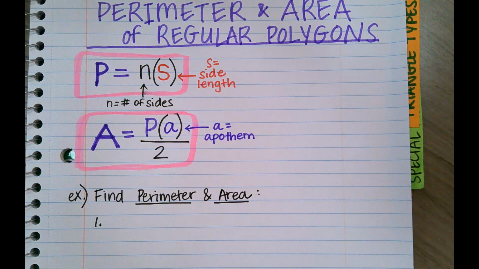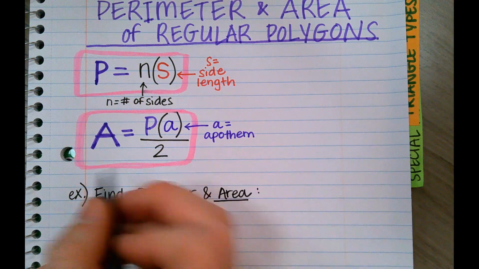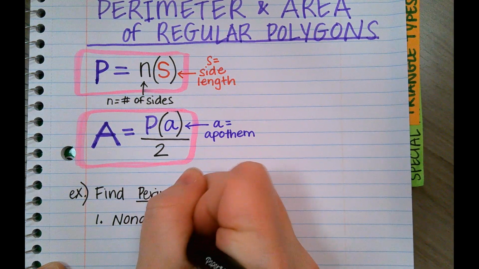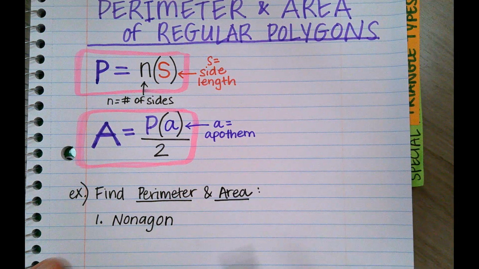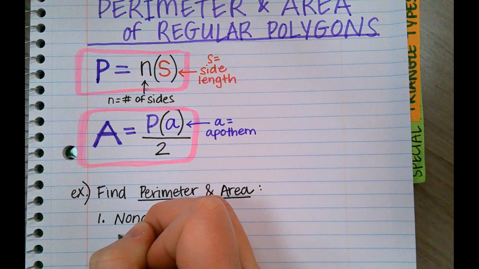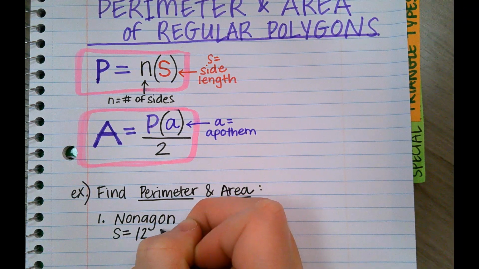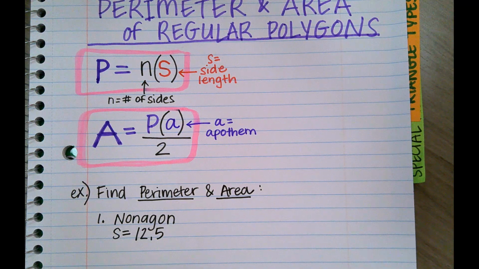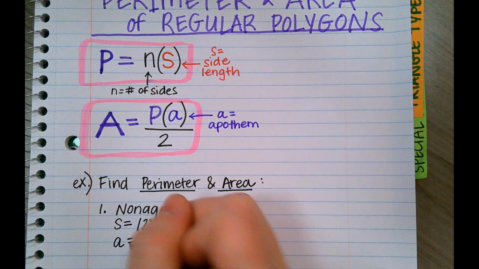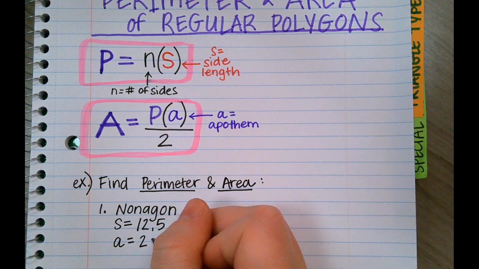The shape I will describe is a nonagon with a side length of 12.5 and an apothem of 28.